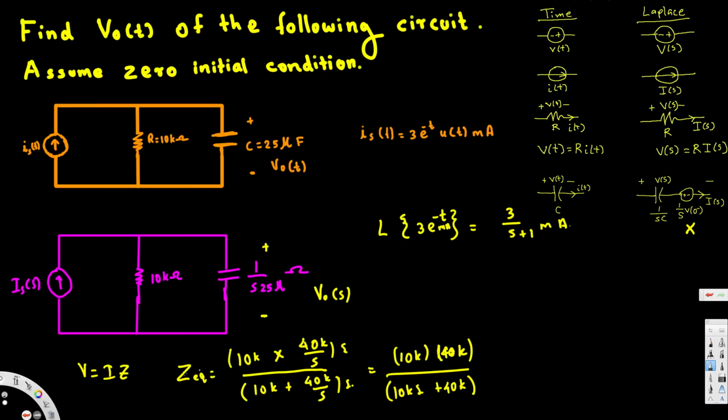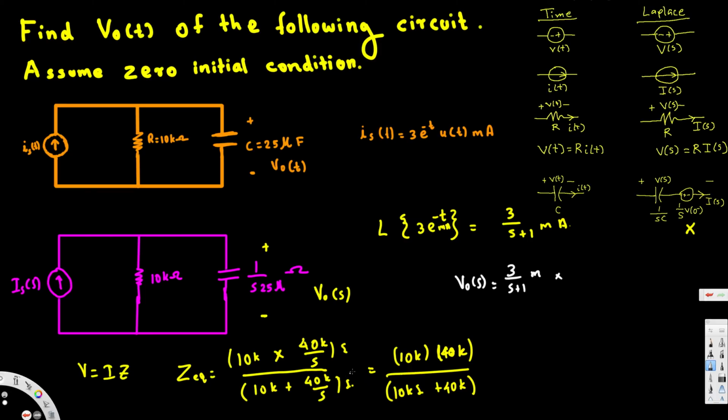Now we are interested in finding the voltage. So vO(s) is going to be impedance times the current, and we know that the current is equal to 3 over s plus 1. Since we have milliampere, let's keep the milli, because when we multiply you will see that milli and kilo cancel each other. Let's continue here.